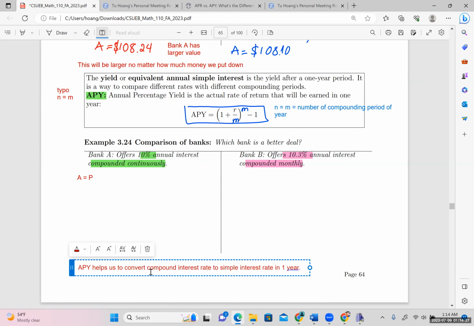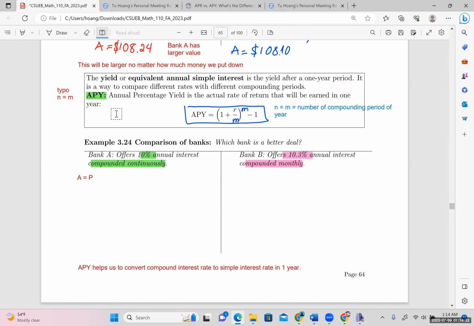Okay, so there's a missing piece that I need to write down. This is for compound interest.